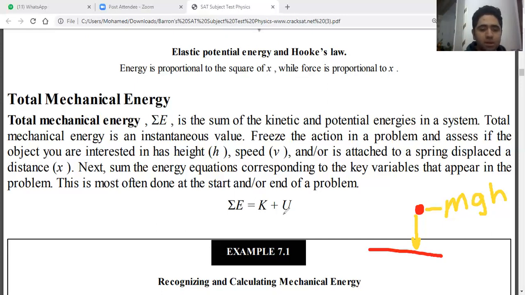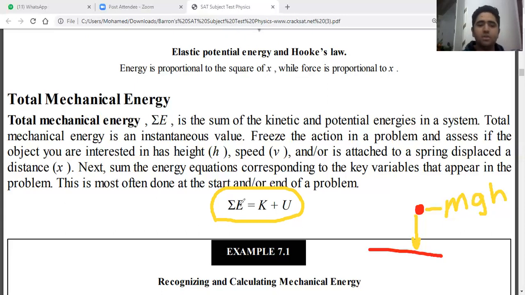Why is that? Because the total mechanical energy equals K, kinetic, plus U, potential. The total mechanical energy is constant in the whole operation. As the ball was falling, the total mechanical energy has to be constant because energy cannot disappear, right?